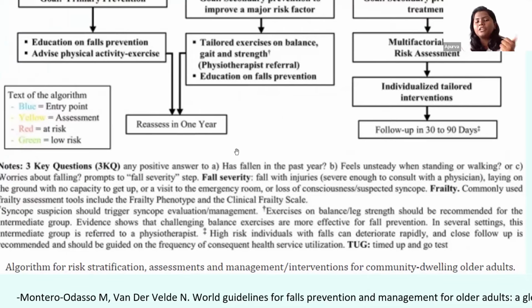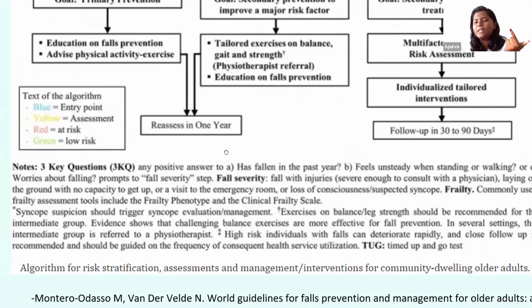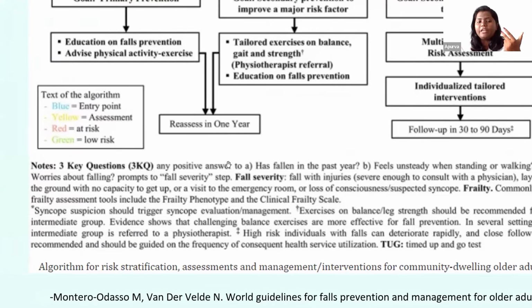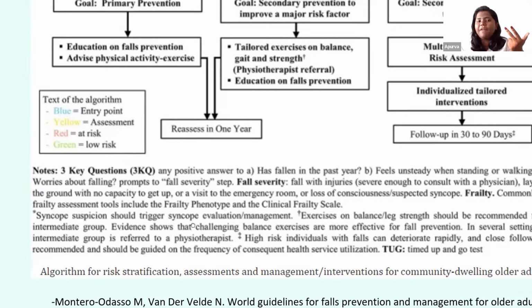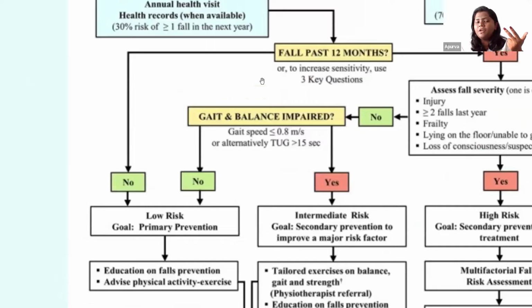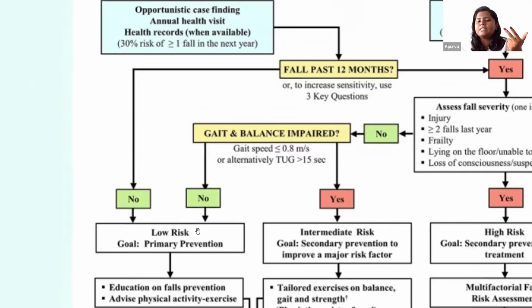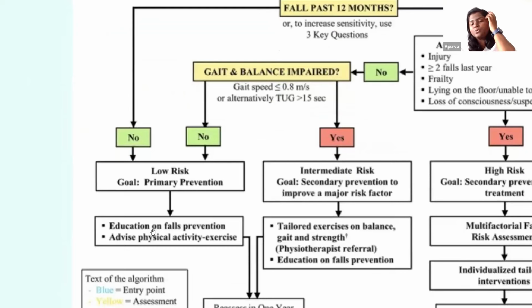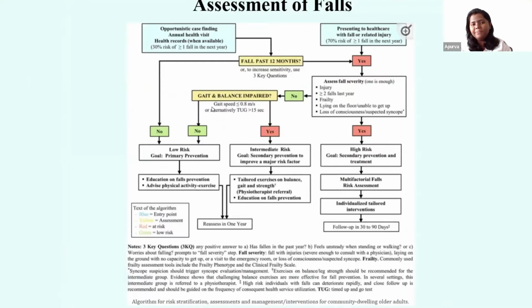So you ask the patient if he has fallen in the past 1 year, if he feels unsteady while standing or walking, or if this problem of fall is really worrying to the patient. If any 2 of them come positive, you consider the patient a low risk faller, and you further give the same protocol of educating your patient and giving physical activity as their exercise program.